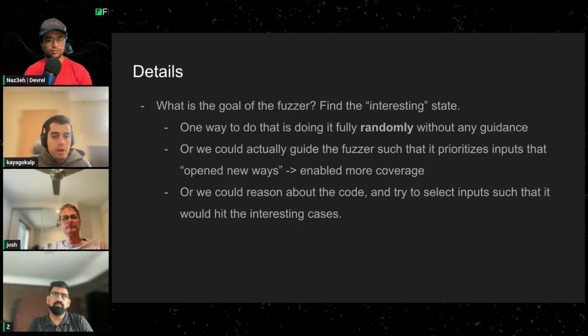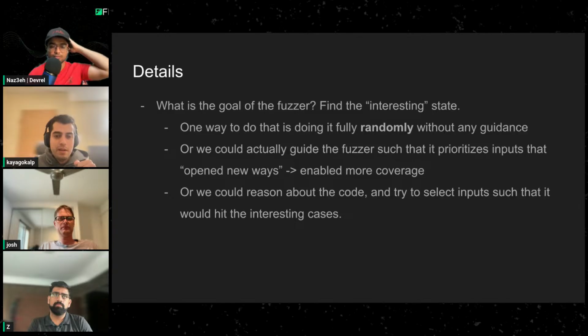So it is not that the output they see is going to be vastly different, because the output at the end is, as we said, just finding the interesting states, right? So if you run this random number generator based fuzzer for long enough, then you would actually hit those cases that you would be finding with these two other more advanced approaches.